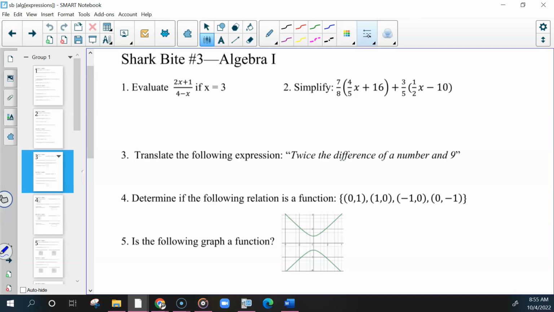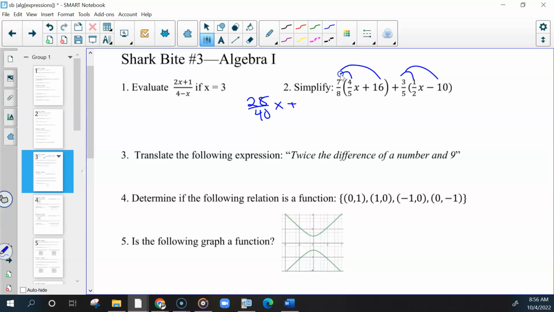For number 2, we had to distribute these fractions. You can use your calculator. You could have done it by hand, either or. But we're multiplying across. So this would be 28 over 40 x plus whatever this is going to give me.